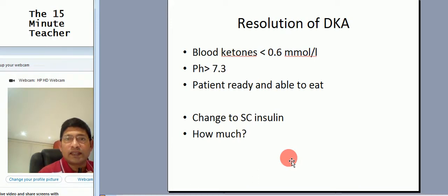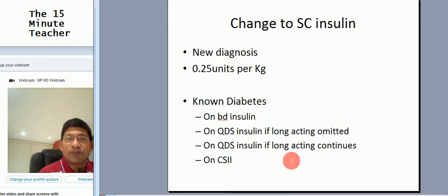Resolution is signaled by a reduction in blood ketones to less than 0.6, a pH which is more than 7.3, blood glucose in the normal range, and the patient ready and able to eat. You can change to subcut insulin at this stage, and it would be prudent to include the diabetes team.